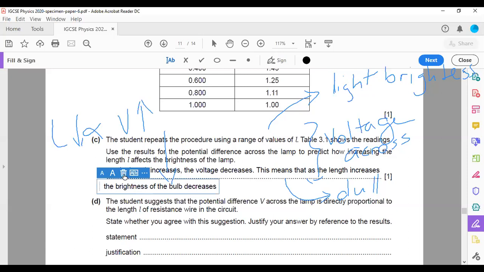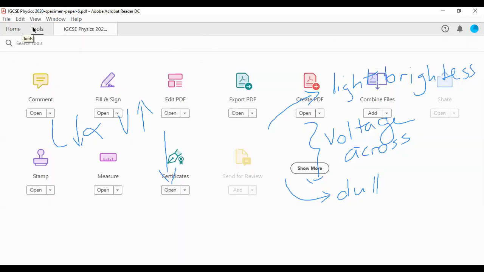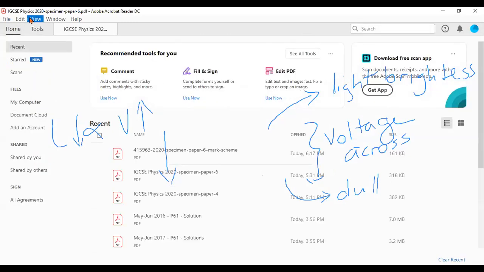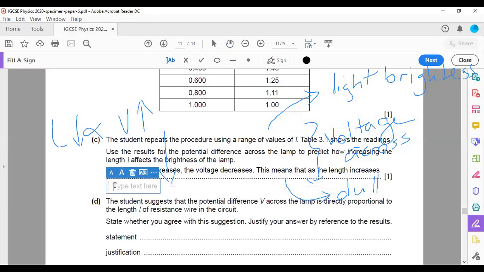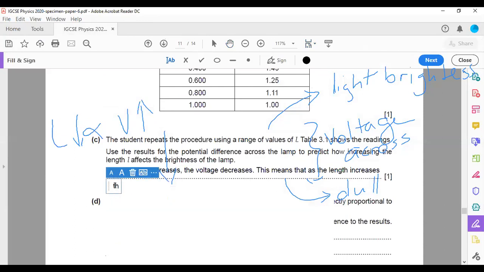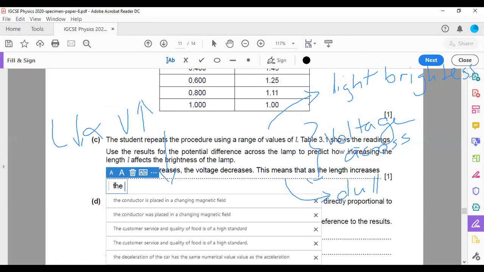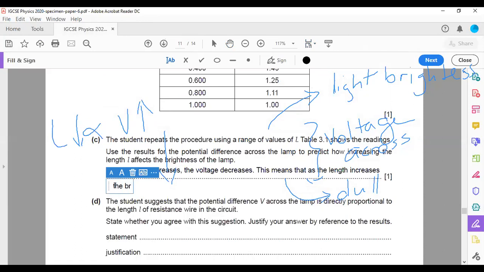So that means the brightness of the lamp decreases, right?